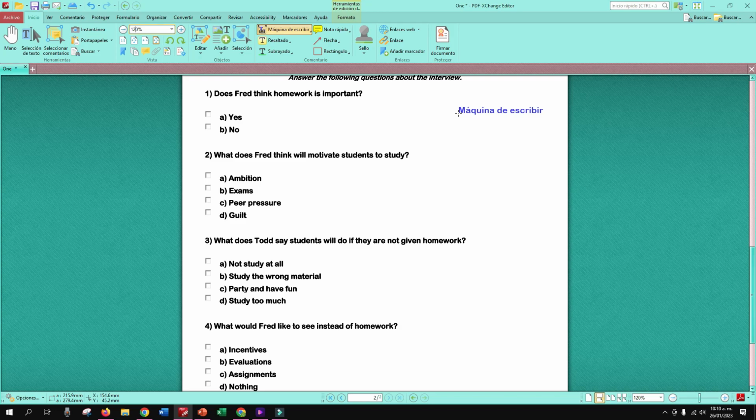You have the number 1. It says, does Fred think homework is important? You have 2 options, yes or no. Then, what does Fred think will motivate students to study? You can use maybe 2 there or 1. For example, ambition, exams, peer pressure, or guilt. 3.